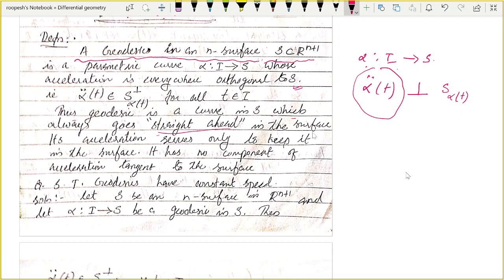Thus, the geodesic is a curve in S which always goes straight ahead. That means if this is my surface, at every point it should be orthogonal, so my geodesic may go like this or like this. Only these two directions. Everywhere it should go straight ahead in the surface. Its acceleration serves only to keep it in the surface.